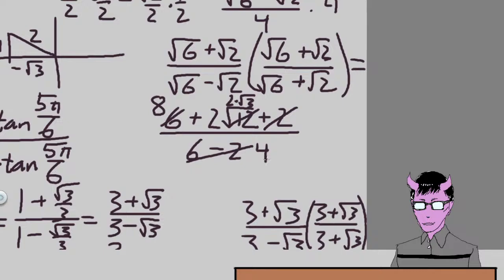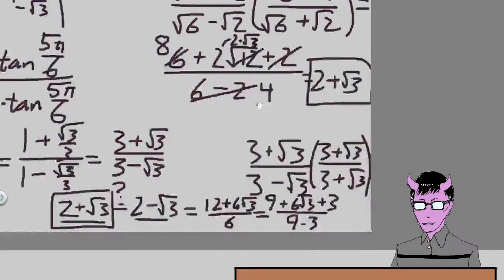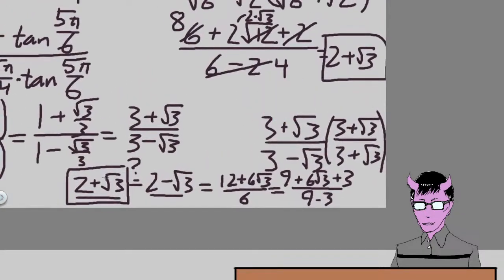This is a 4. 2 times 2 is 4, so this becomes 2 plus root 3. Now it's consistent. What the heck? So this one is this. Wait, what? No. We got the plus. This one is the wrong one.